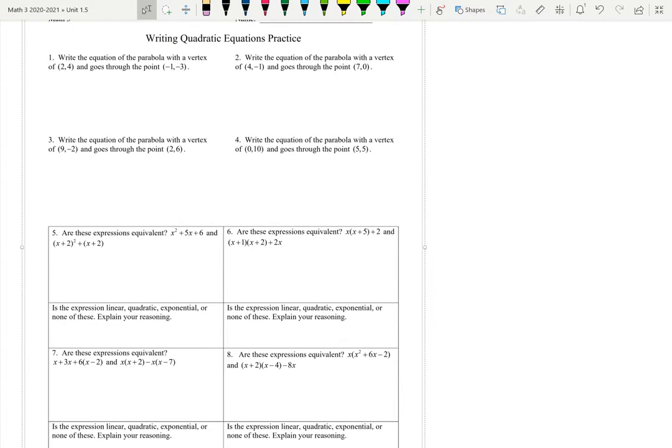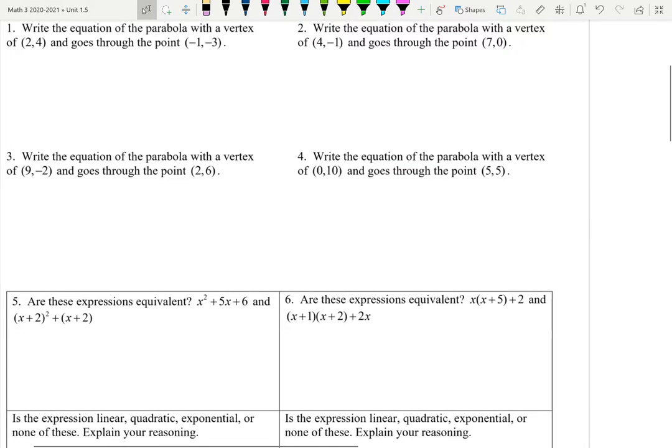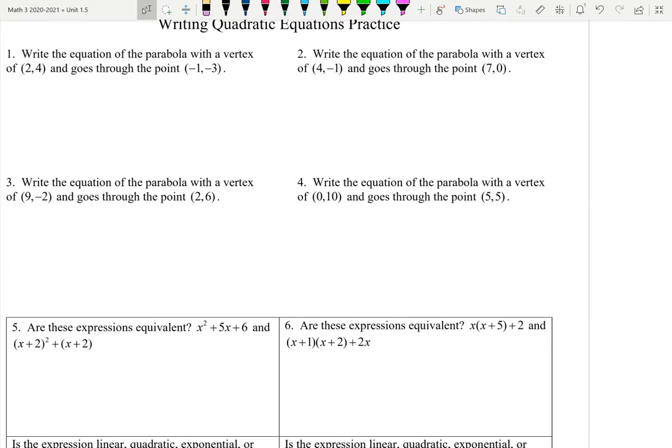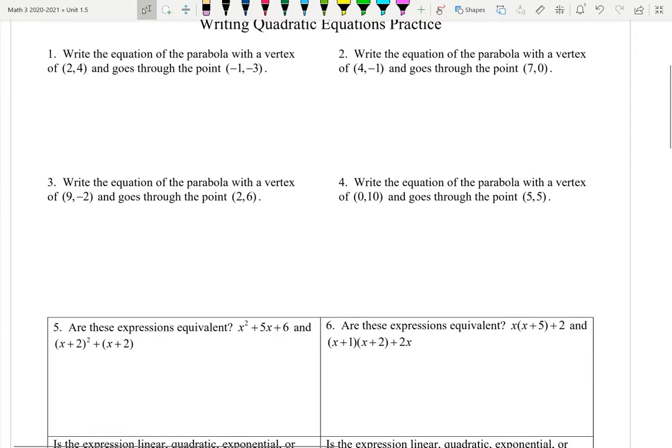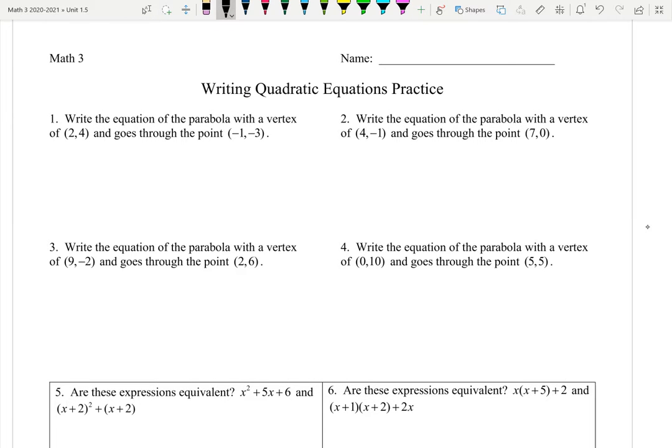All right, these first four are all of the same form. Essentially, I give you a vertex, and I need you to write the equation. Vertex form tends to be represented as f of x equals a times x minus h squared plus k.